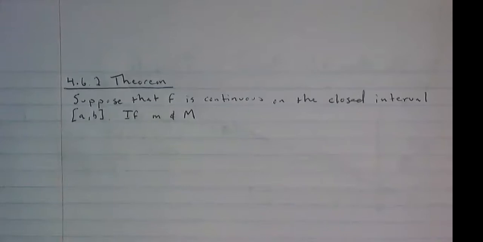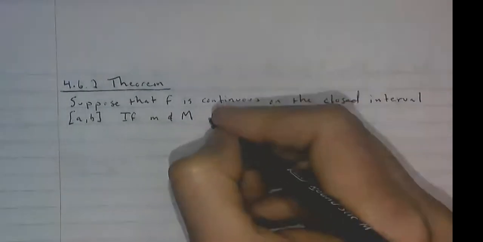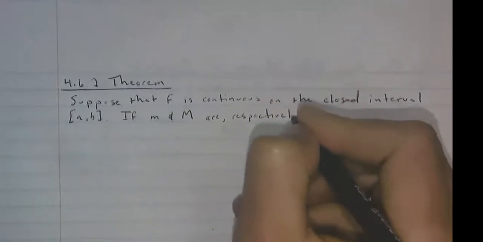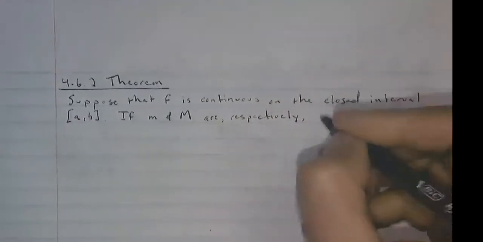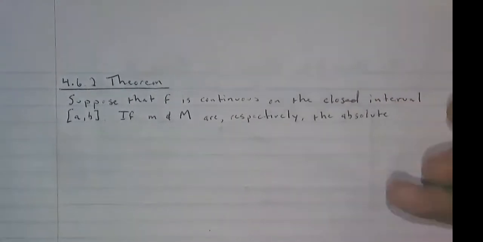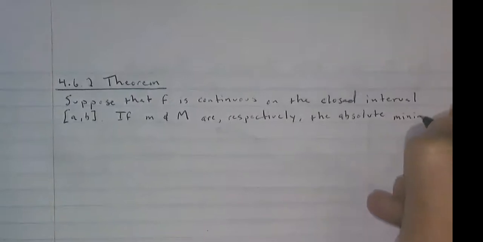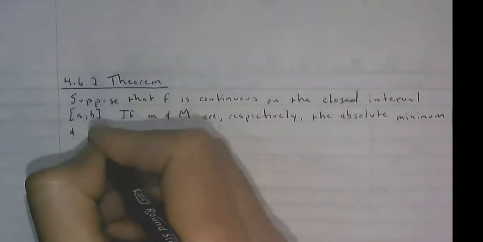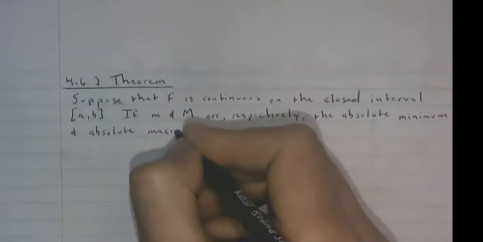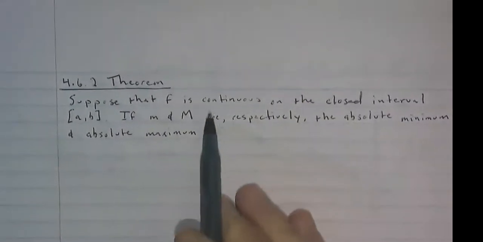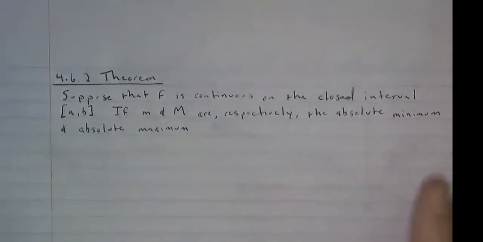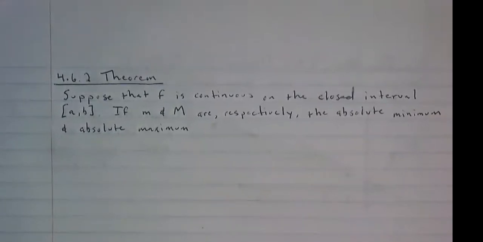If little m and big M are respectively the absolute minimum and absolute maximum, so now it makes sense why we had to suppose that f was continuous on a closed interval, because that guarantees the existence of these absolute maximums and minimums.